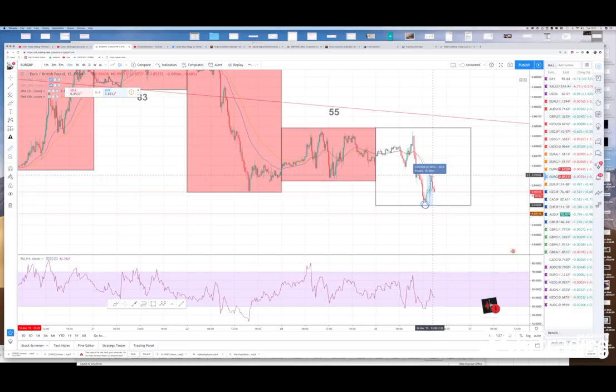And I gave another take profit, TP2, at 0.858, which was another 30 pips above. So in total about 60 pips: 30 pips for TP1, 60 pips for TP2.